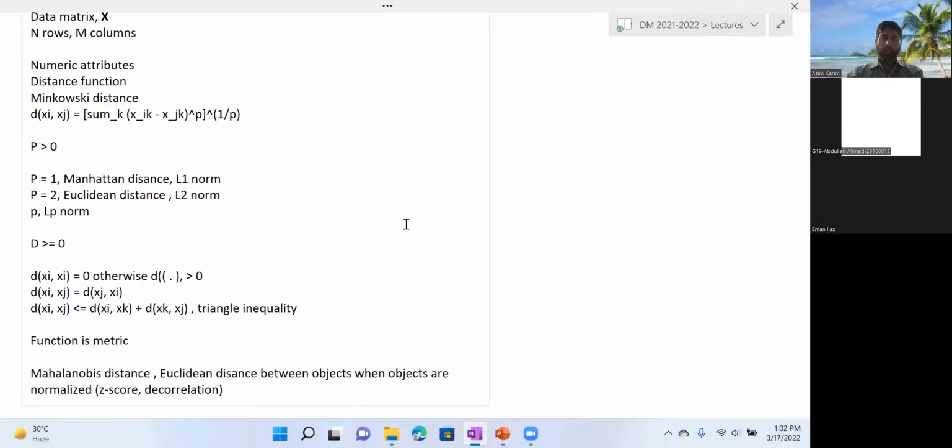So if you do this and then compute the Euclidean distance, then this is called the Mahalanobis distance.